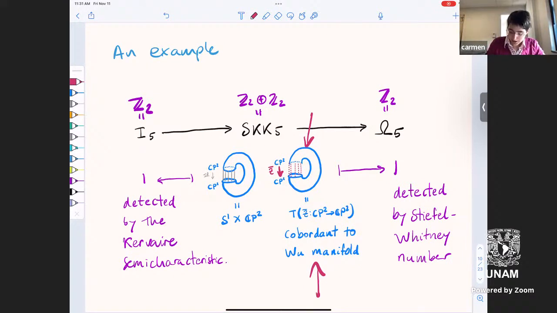But the Wu manifold is also cobordant to this mapping torus, which is constructed by taking CP2 cross I, and then your identification, which is marked in red right here, the C bar, is supposed to be complex conjugation. So the result of that construction, that mapping torus of CP2 with the complex conjugation, is actually cobordant to the Wu manifold. You could have chosen that as your generator of the cobordism in dimension 5.